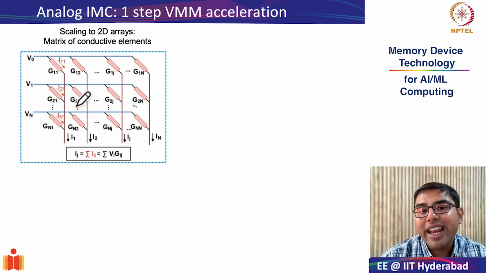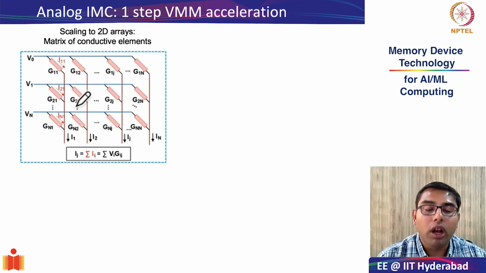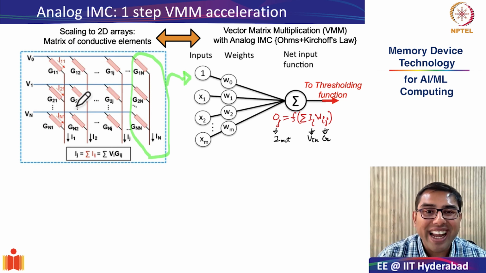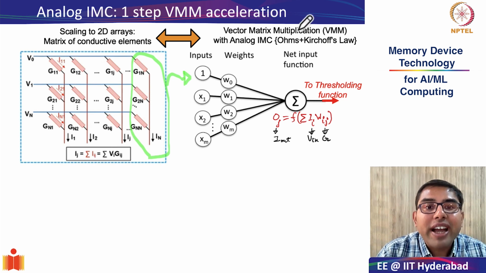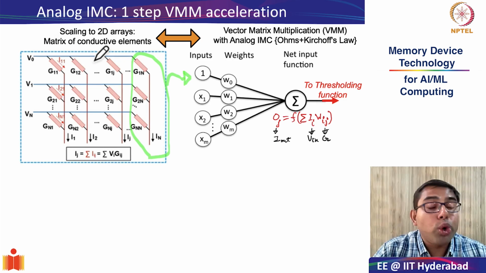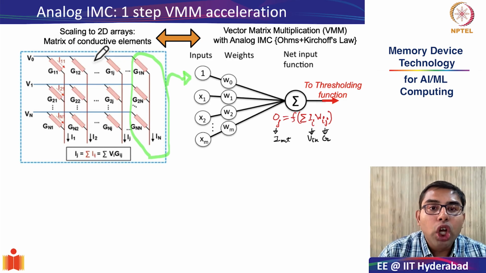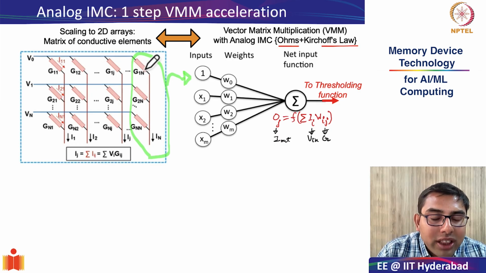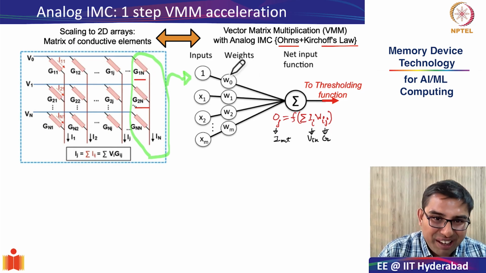To make things very clear of how this is useful in the case of a deep neural network, let's do a direct one-to-one correlation. So all this vector matrix multiplication that was possible through this 2D matrix of conductive elements through the application of Ohm's and Kirchhoff's law means that all these particular conductance states are now a proxy for weights.